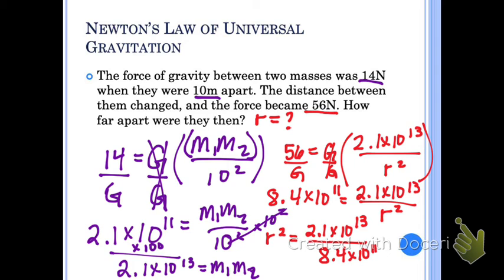That gives me roughly 25. And so then I'm going to have to take R squared and square root that. I know that R now is 5 meters.